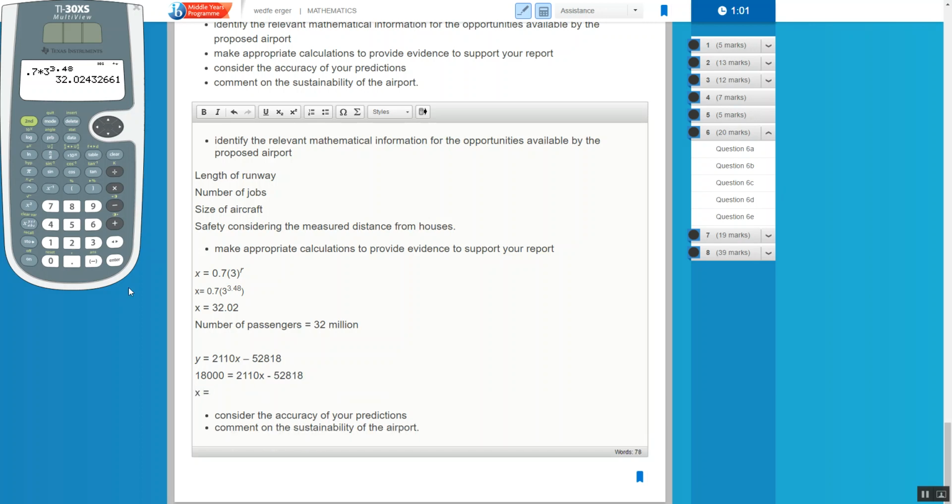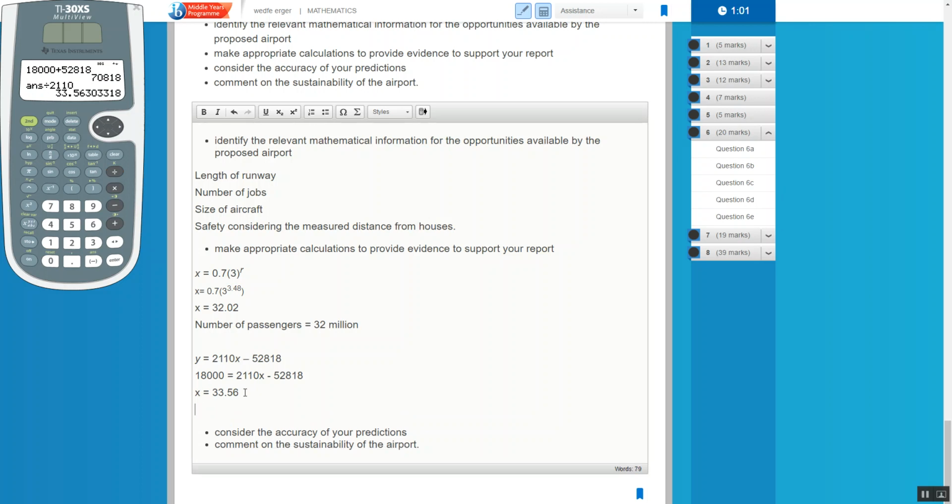So x is equal to 18, 1, 2, 3, plus the 5 to 8, 1, 8, divided by 2, 1, 1, 0, 33.56. So in this instance, the number of passengers is equal to 34 million.